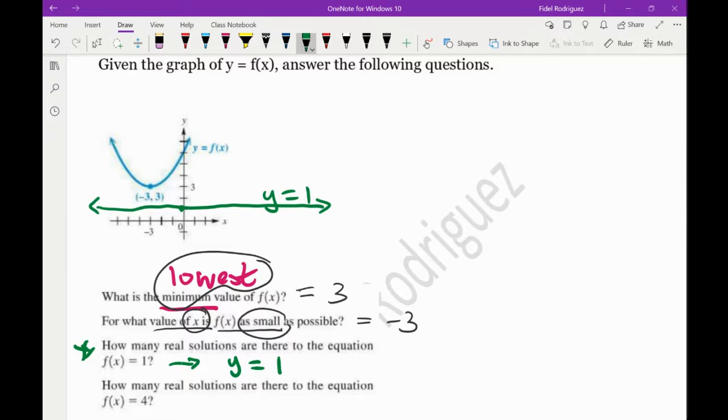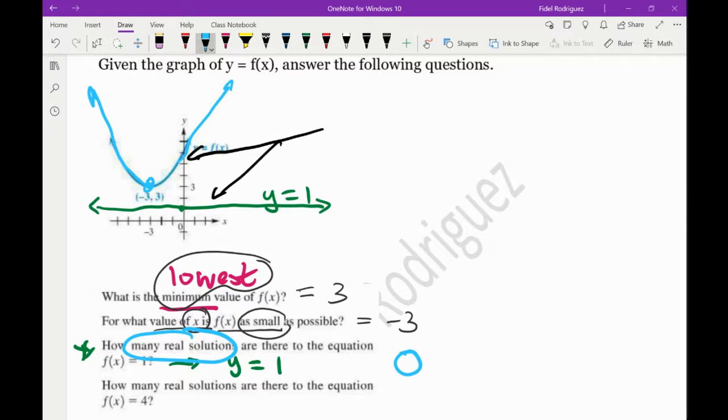And what we're really asking ourselves here is, does that graph hit this line? Well, it doesn't look like it because that graph is going up and this was the lowest point. So it doesn't hit the graph. So when it says how many real solutions are there, we would say there are 0 real solutions, right? Because it never hits. Okay.